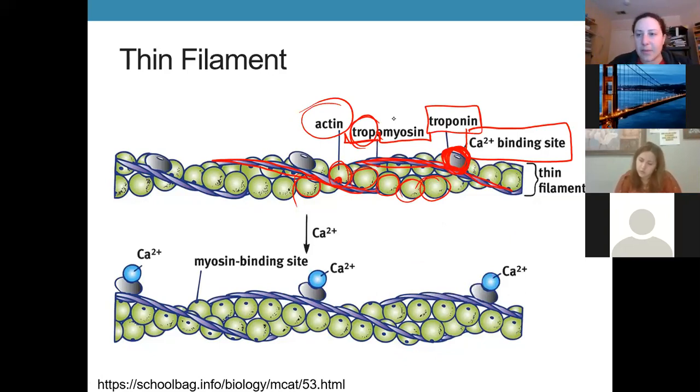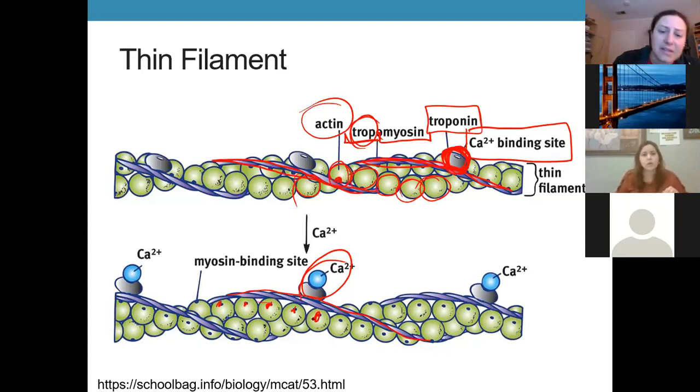When calcium is present, and we've talked about how we end up with calcium, it binds to the troponin. This causes a change in configuration, because that's how proteins do everything. Then the troponin allows the tropomyosin to move. It rotates, and now we have exposed myosin binding sites on the actins, so we can bind myosin and get cross-bridge formation.